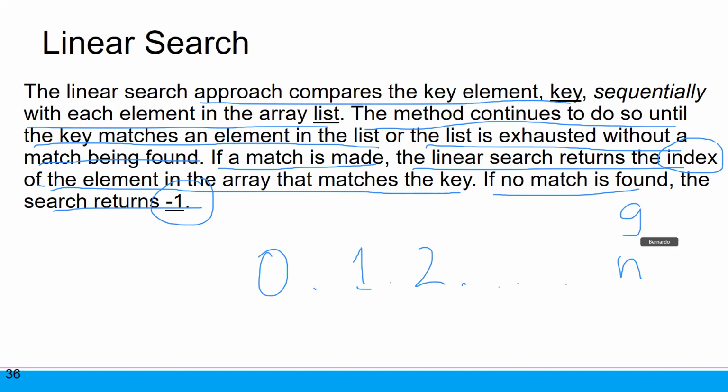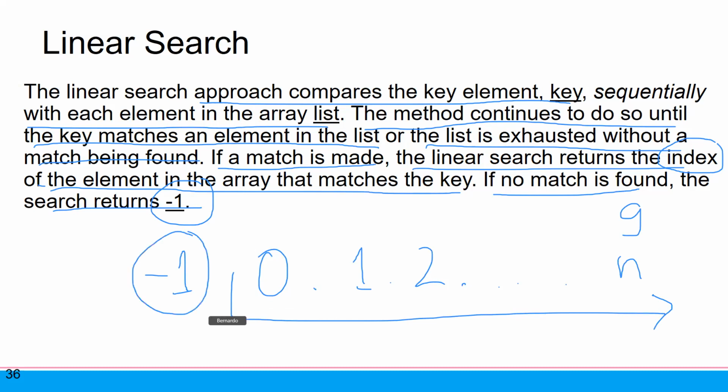If we return -1, it means we cannot find it among the non-negative values. So we return -1 and say that there is no such element in the array. Okay, that's the reason we use -1 to indicate there is no match. If there is no match, then we return -1.